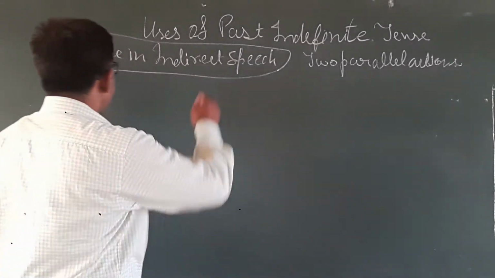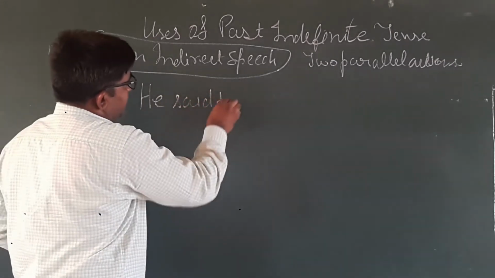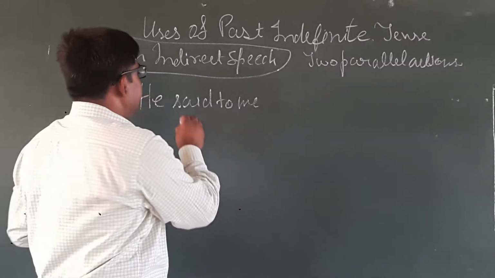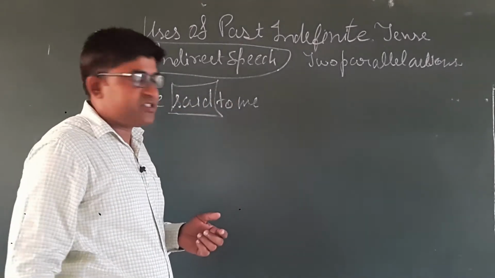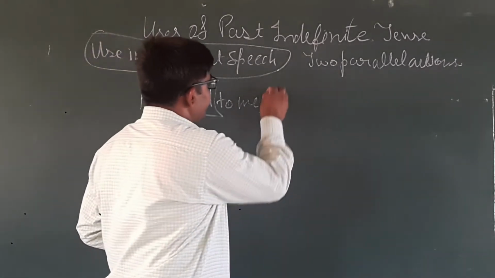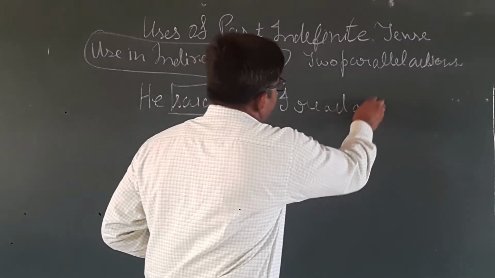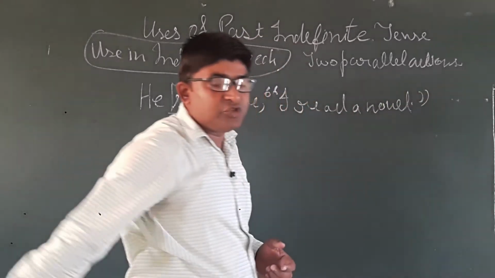Take the example, he said to me. Here one condition is also there, that the reporting verb should also be in the past tense. He said to me, I read a novel. Now let us change it into indirect speech.